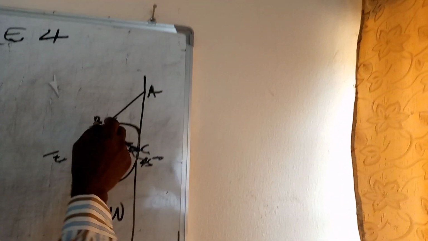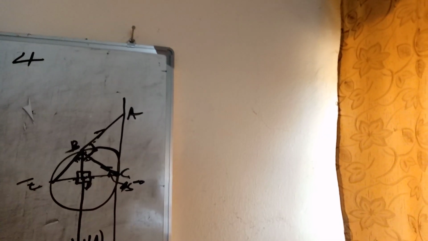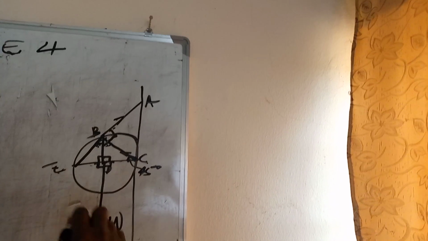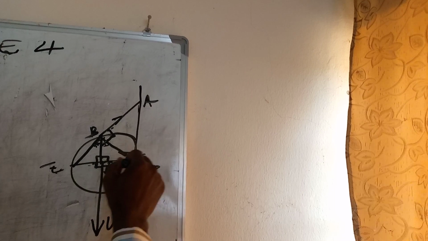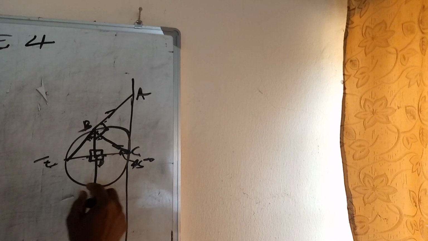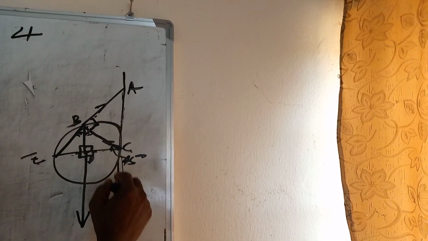If this is 90 degrees, and this carries the tension in the rope, and if I now bring them out, this will reflect the weight of the ball.